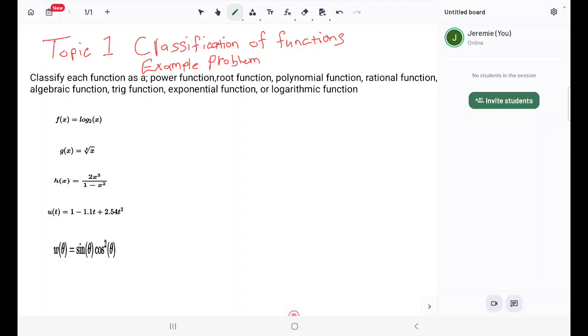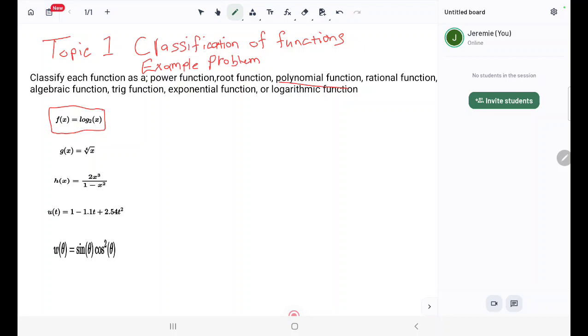What is being asked is to classify each of these functions as either a power function, or a root function, or a polynomial function, or a rational function, or an algebraic function, or a trig function, or an exponential function, or a logarithmic function. And these classes, by the way, are not mutually exclusive. So the first example here is f of x equal to the log base 2 of x.